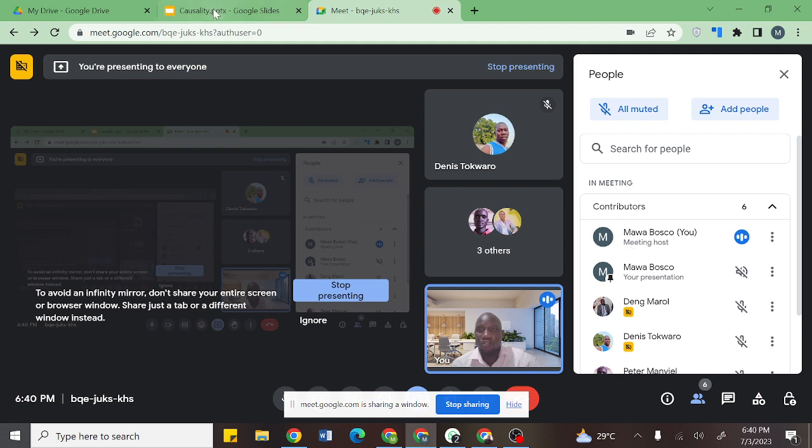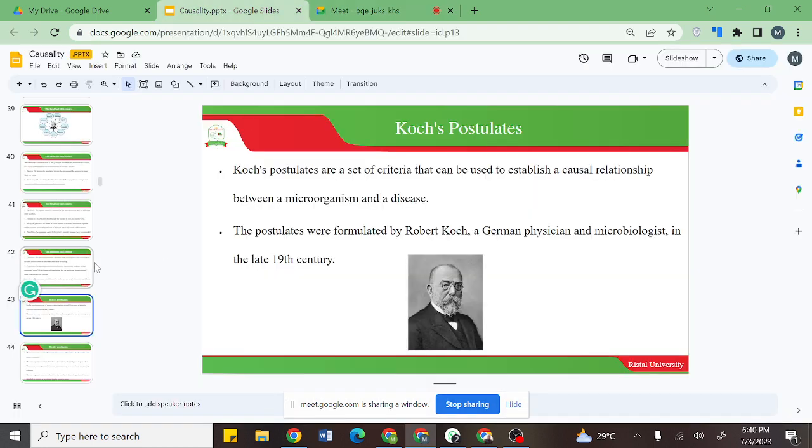Okay, so we move forward. The next criteria we said is Koch's postulates. Koch was a German physician and microbiologist.